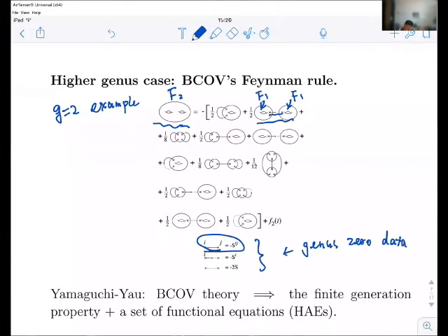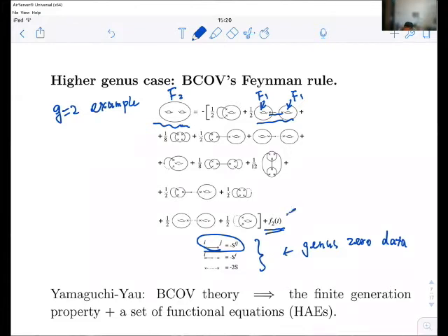So then you can look at all these graphs, and this tells you that you can compute this F2 by some combinatorial formulas of lower genus, plus some, what they call ambiguity. This is just the initial data I mentioned.